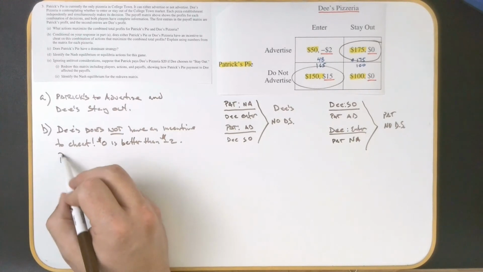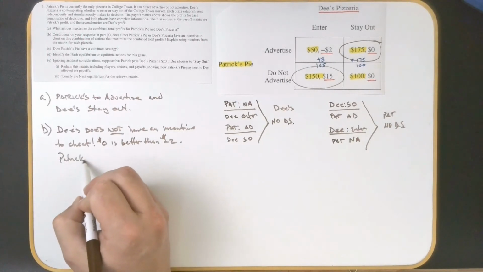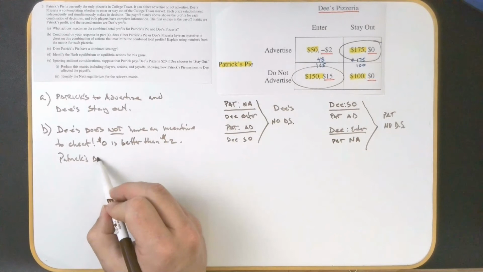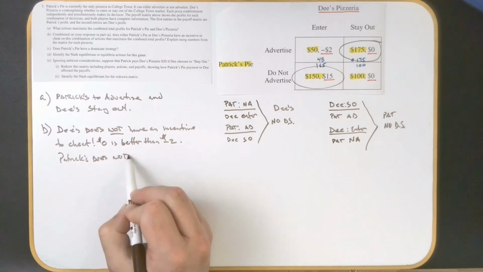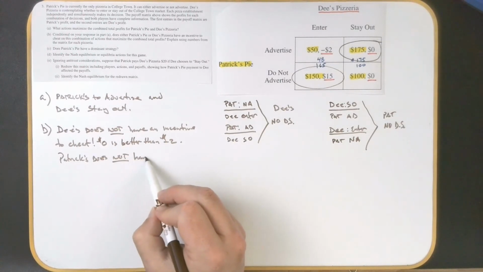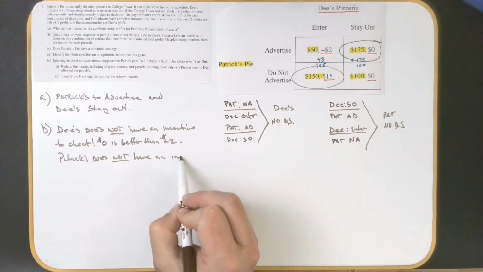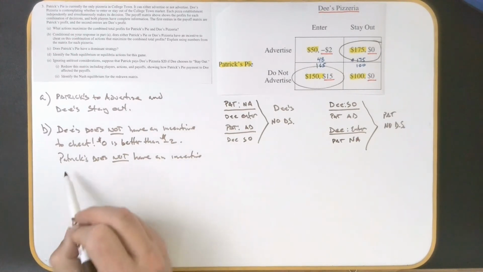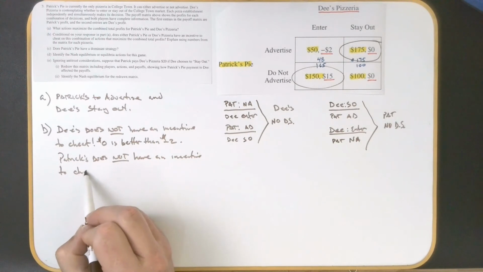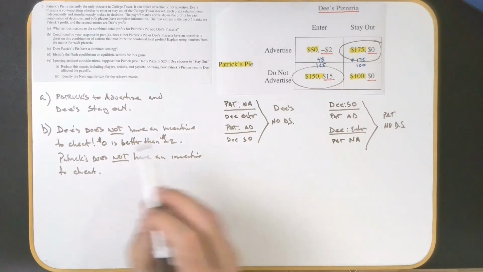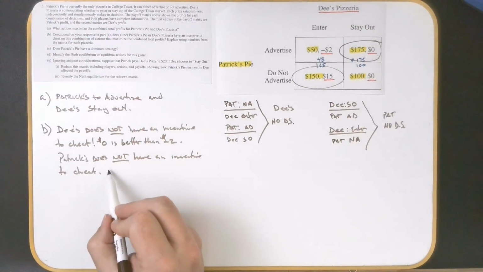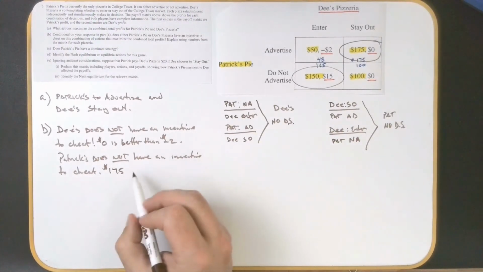Now, Patrick's. Patrick's does not have an incentive to cheat. And the reason, $175 is better than 100. And you can put is greater than or is better.